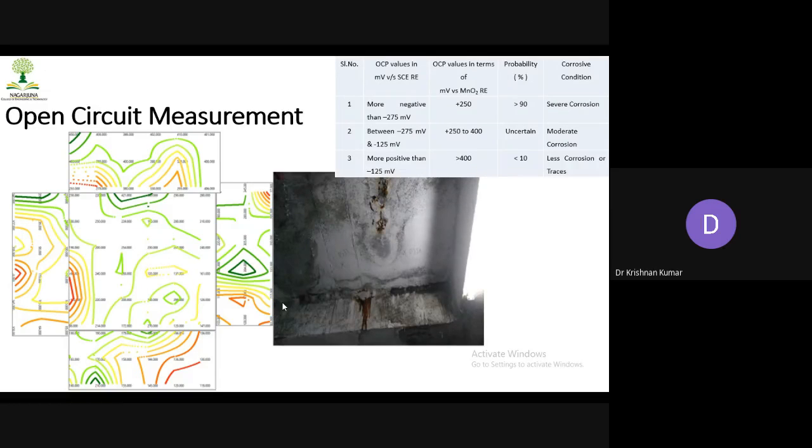Because of the mapping, we can compare exactly on the photograph where it is leaking. A more negative potential is responsible for corrosion and degradation of the materials. At those negative potential areas, they have to carry out repair work. That is the idea we followed.